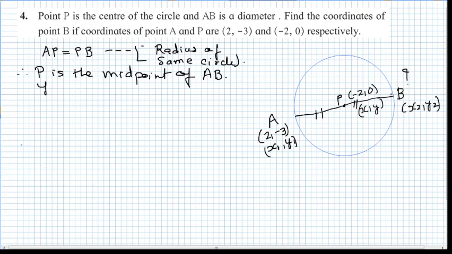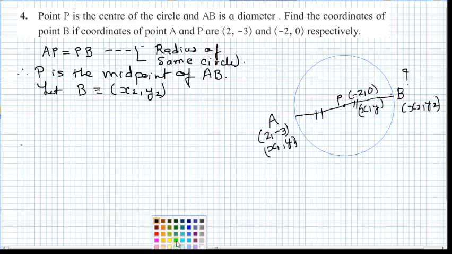We want to find the coordinates of point B. We have already written that let B correspond to x2, y2. So which formula can we use here? We can use the midpoint formula.